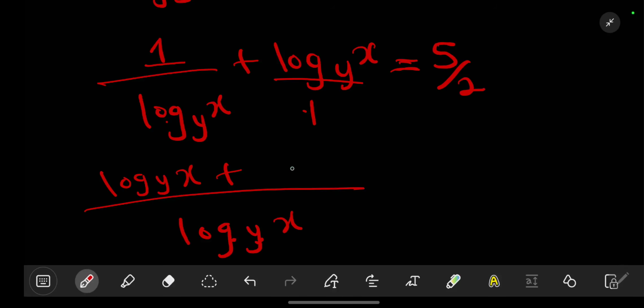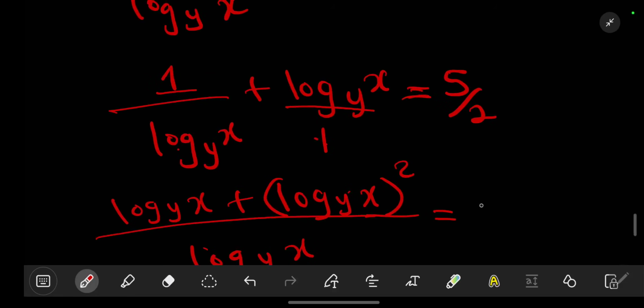This divided by this will give us this same thing, log of x base y, times the log of x base y, which will give us the log of y of x. So we are multiplying, so it will be squared, should be equal to 5 over 2 like that.